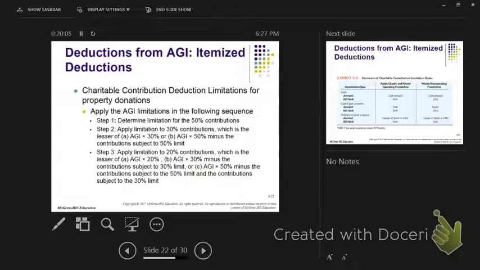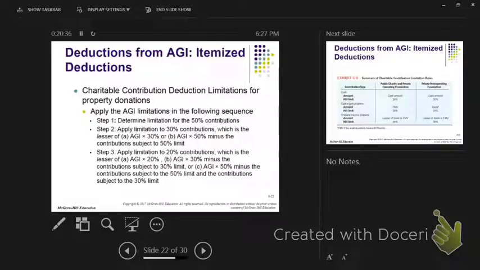Now, what you got to look at, and this is where your book is a little bit better, is what are those 30% contributions? Your 30% contributions are things like capital gain property. Are you giving stock to a charity? I don't have enough stock to do that, but people do give stock to charities. So if you are, that could be a 30% deduction limitation.